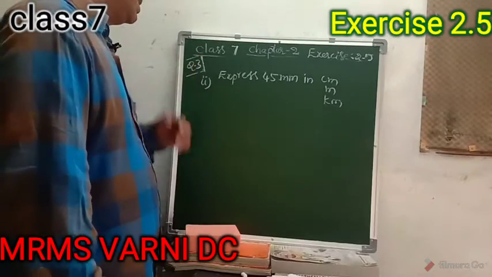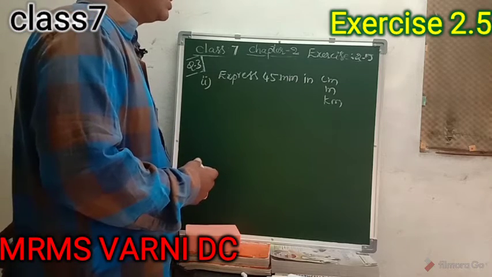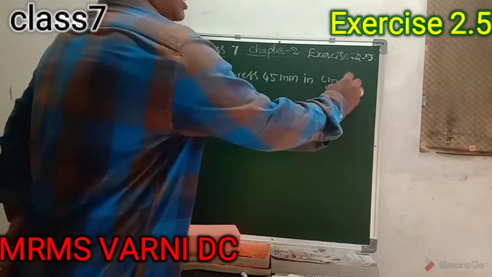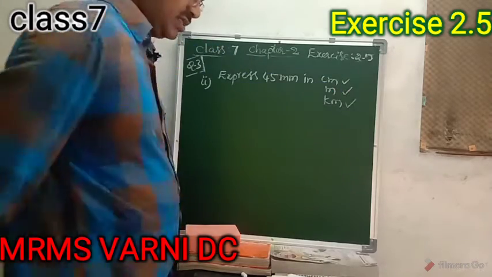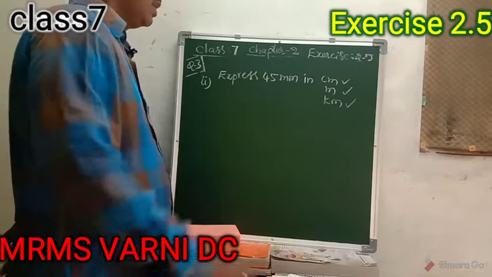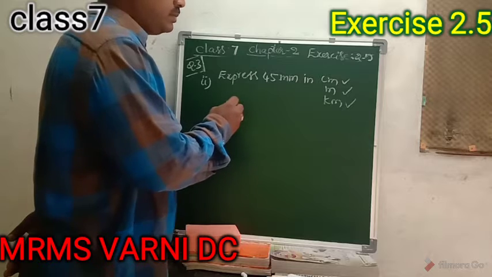Question number 3 in the second one: we will express 45 millimeters in centimeters, meters and kilometers. First, we convert into centimeters.